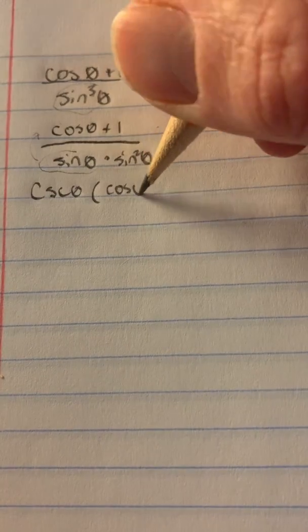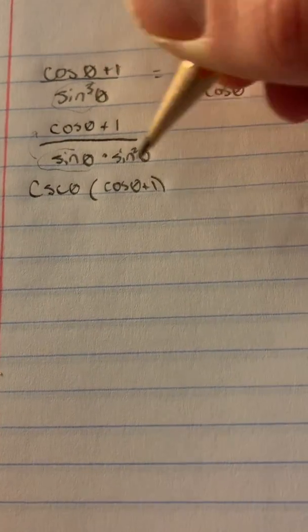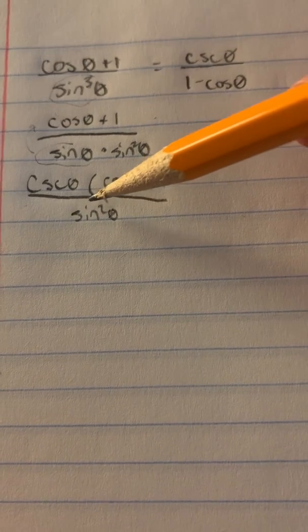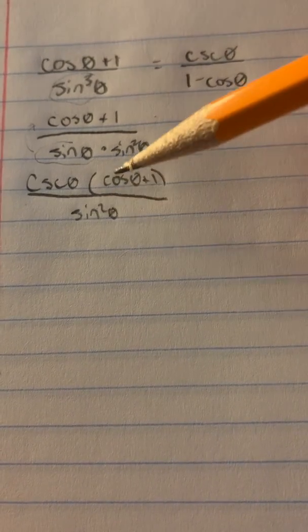We've got cosecant of theta multiplied by cosine of theta plus 1 divided by sine squared of theta. Now, the other thing that I see is that this is now a sine squared of theta, which I know is related to one of my Pythagorean identities. So I can rewrite that sine squared of theta as something that'll make me a lot happier, 1 minus cosine squared of theta.